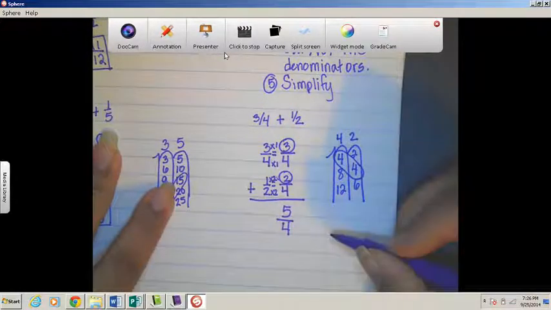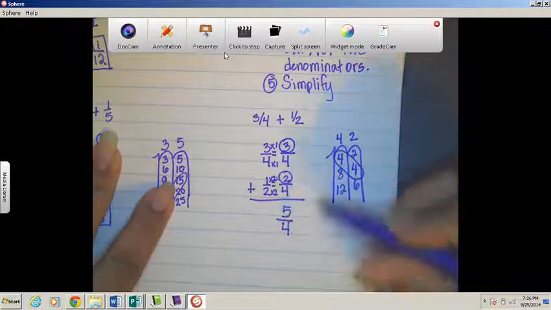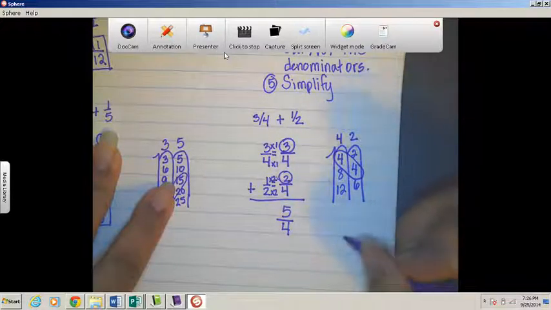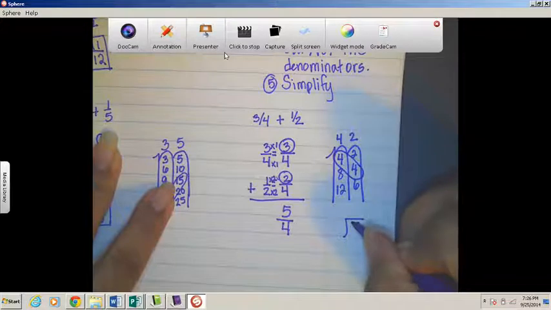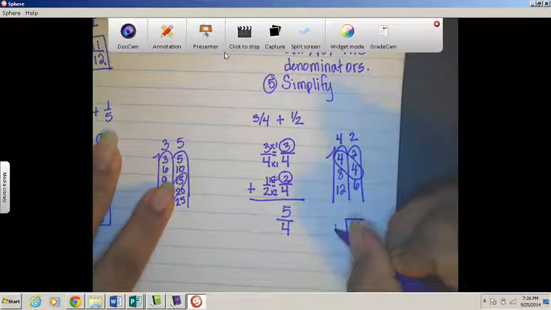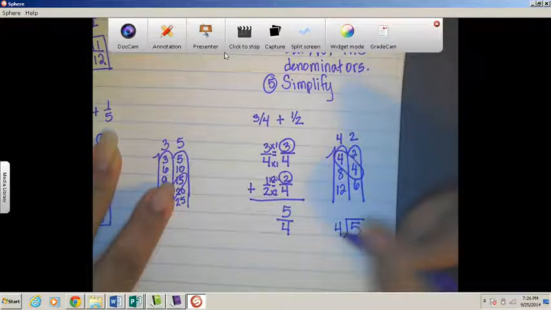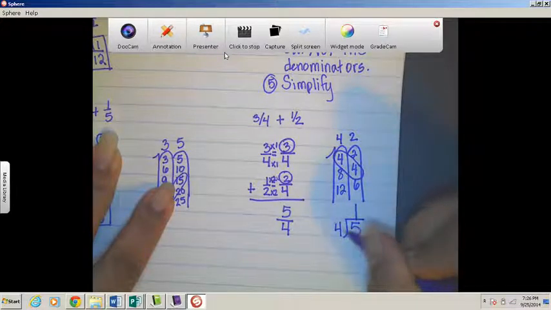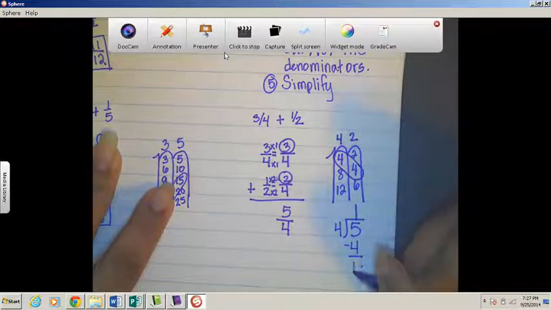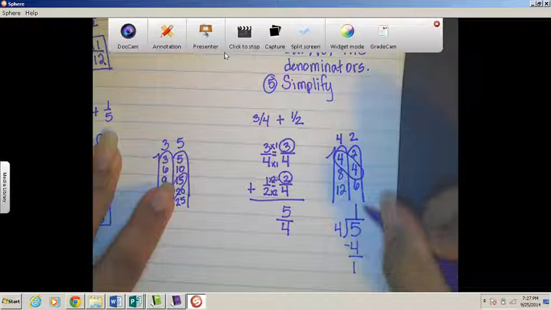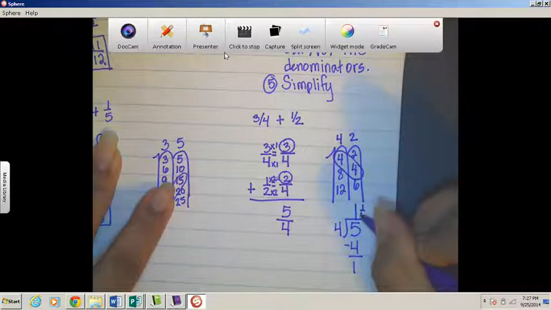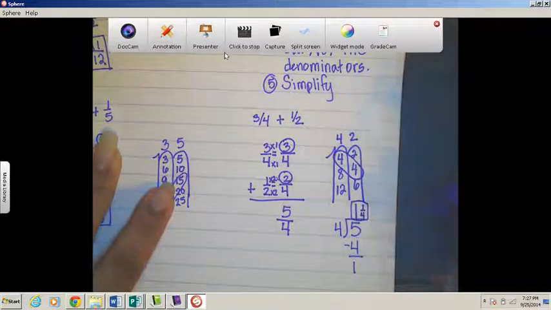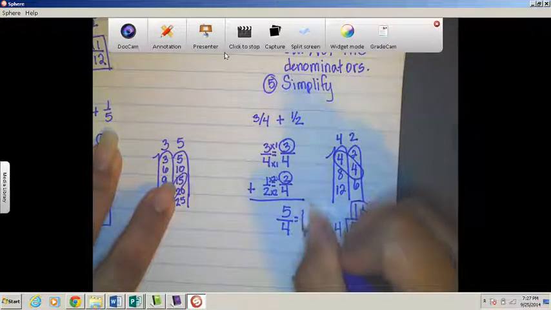I'm going to divide bottom into top, denominator into numerator. 5 divided by 4. 4 goes into 5 one time. 4 times 1 is 4. 5 minus 4 is 1. That's 1 and 1/4.